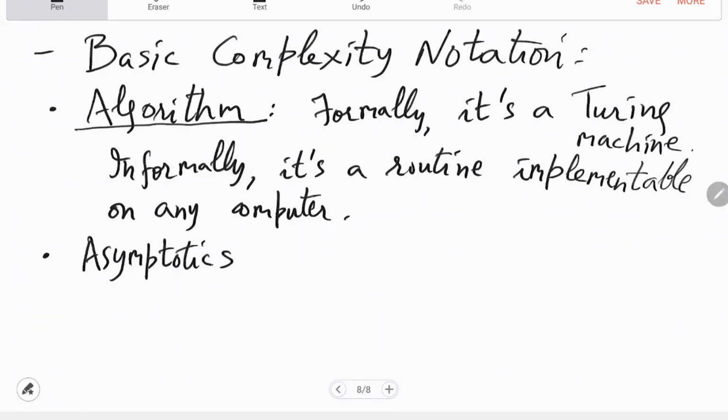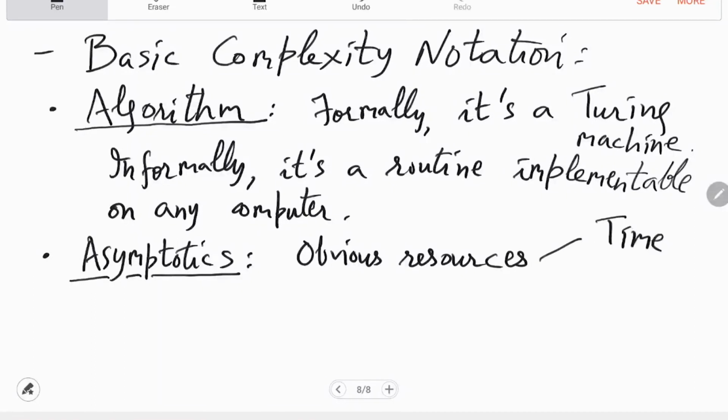When you want to talk about complexity of time or space and other resources also, the obvious resources for us are time and space.